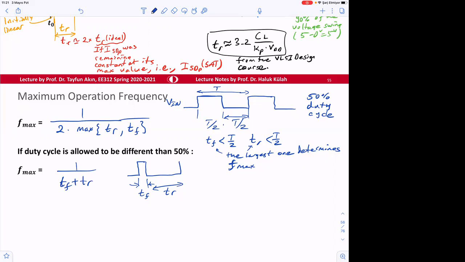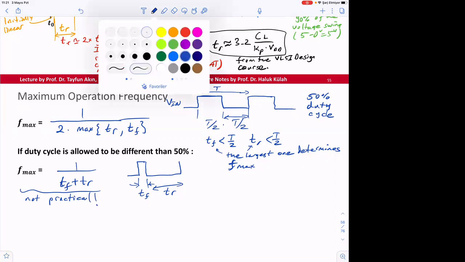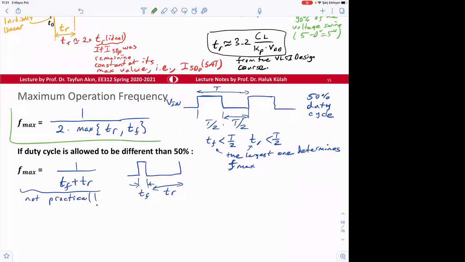But this is not practical. So therefore, we prefer this definition.